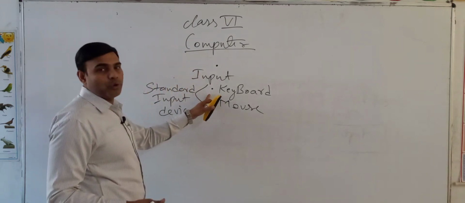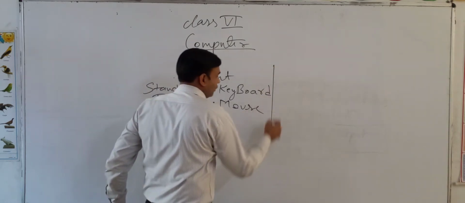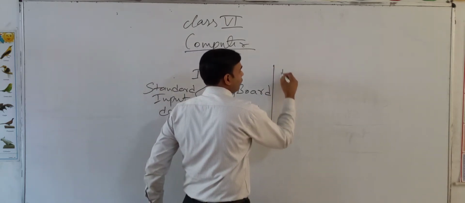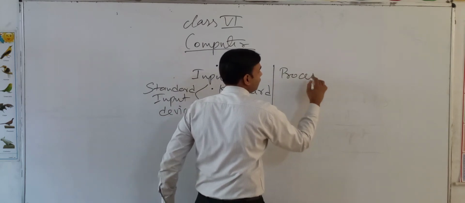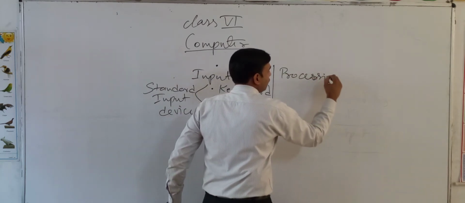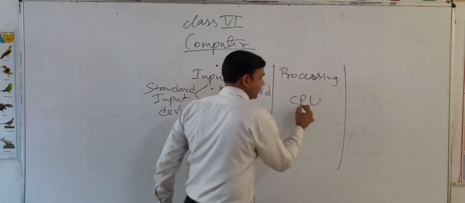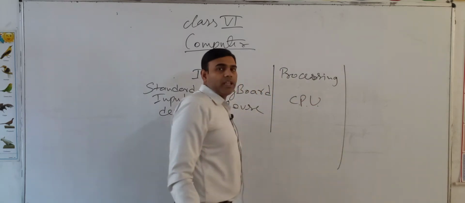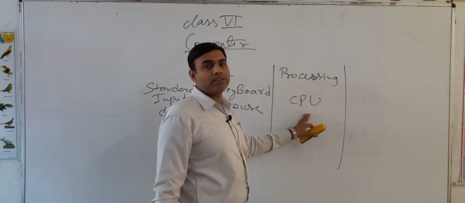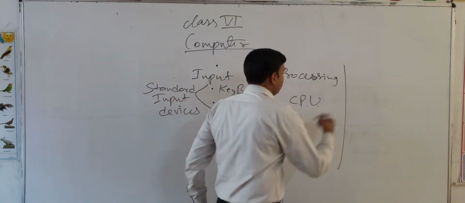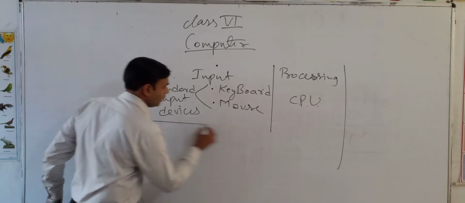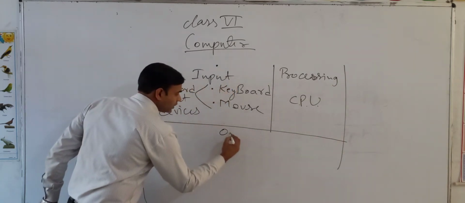After this input, we get processing. For processing, we have CPU, that is central processing unit, that you have learned in previous classes. After that, we will have output.